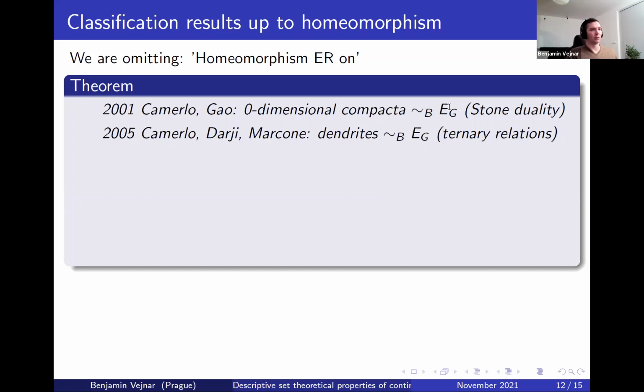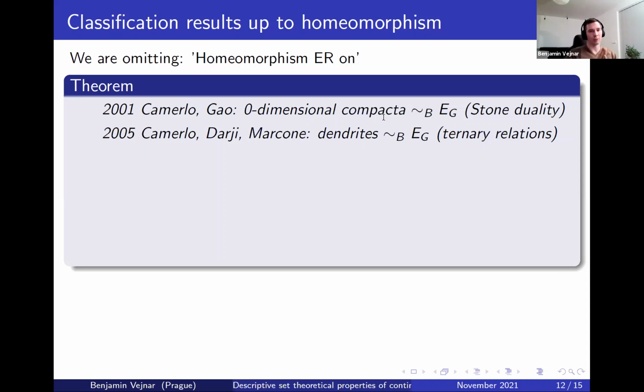Well, actually, it is not surprising if you know Stone duality of zero-dimensional compacta and Boolean algebras, because this Stone duality translates the problem of being homeomorphic from zero-dimensional compacta to isomorphism of Boolean algebras.